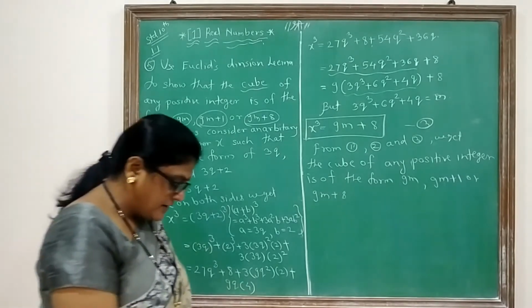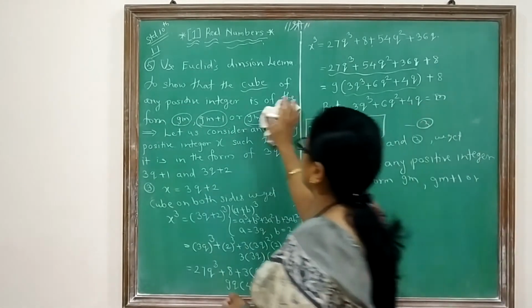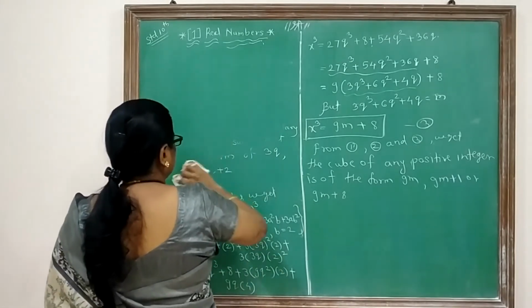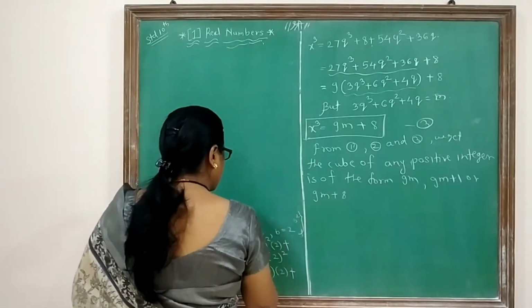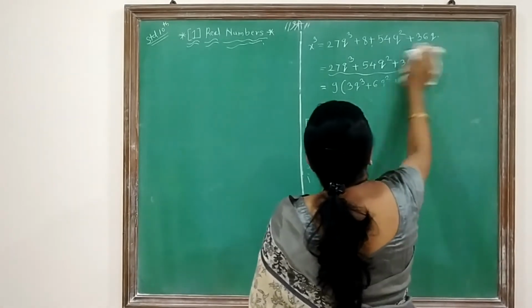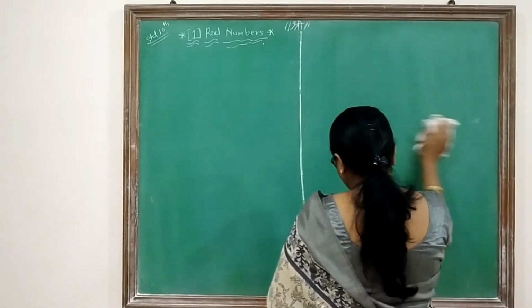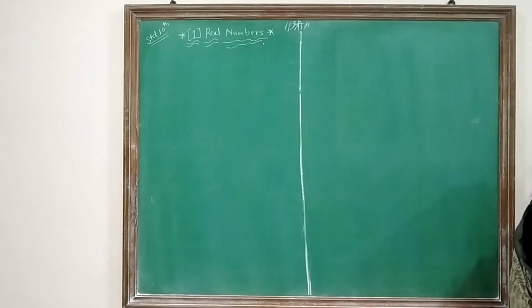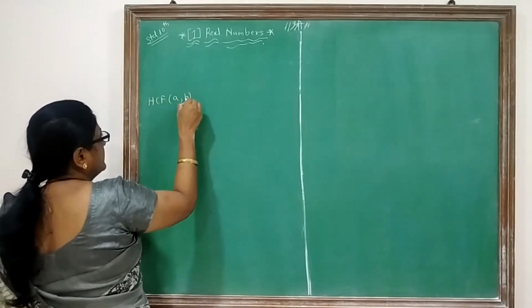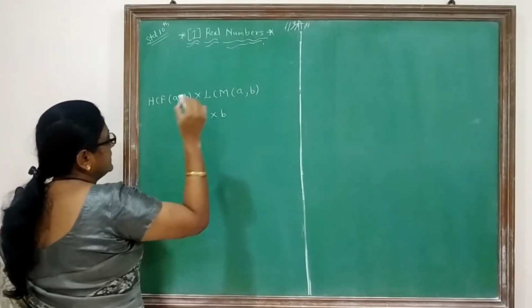And the examples are here. First you will see the formula: HCF(A, B) into LCM(A, B) equals A into B. This is your formula.